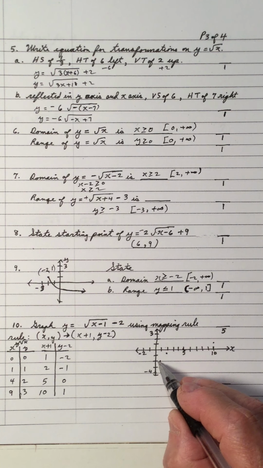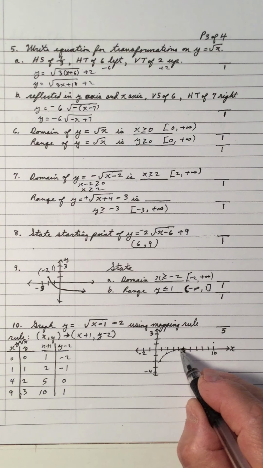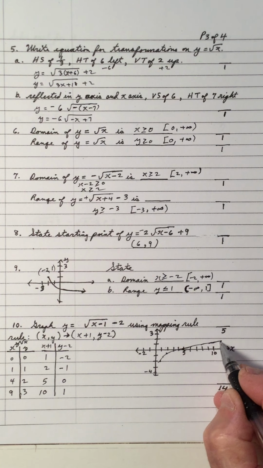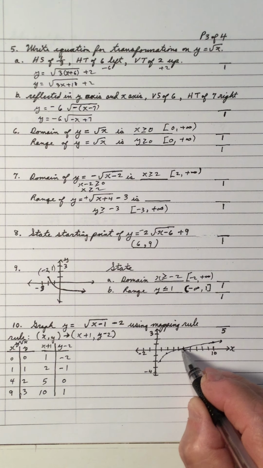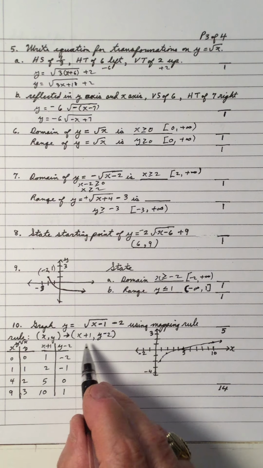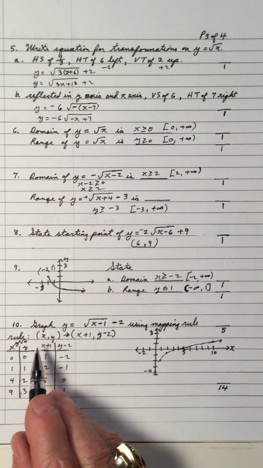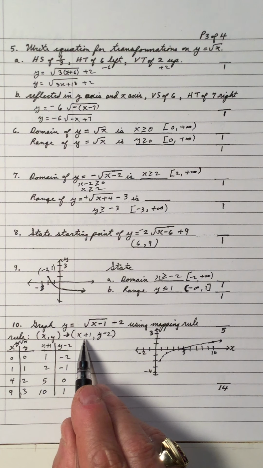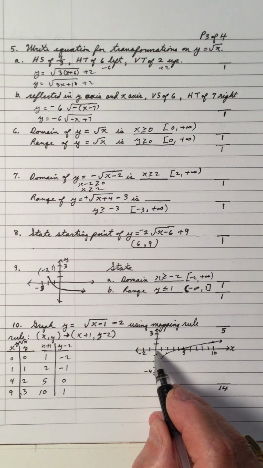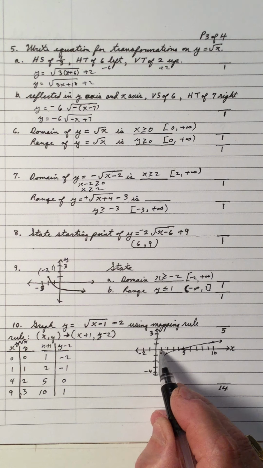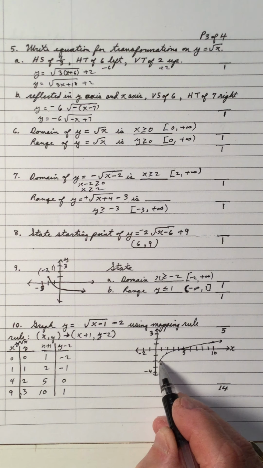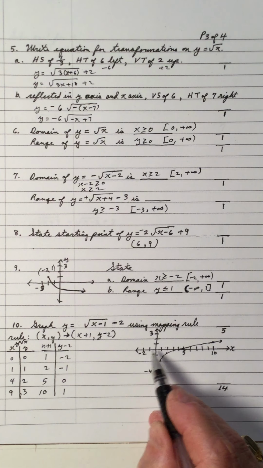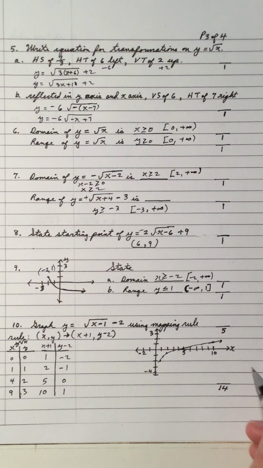So there's the graph representing that equation. There it is. So notice the basic graph moved 1 to the right. Basic graph was 0, 0, move 1 to the right and down 2. All points move 1 to the right and down 2.